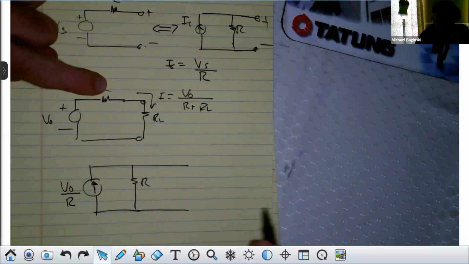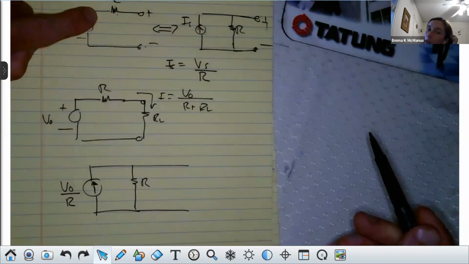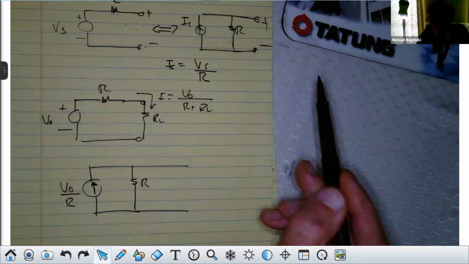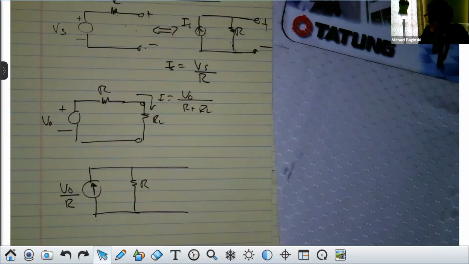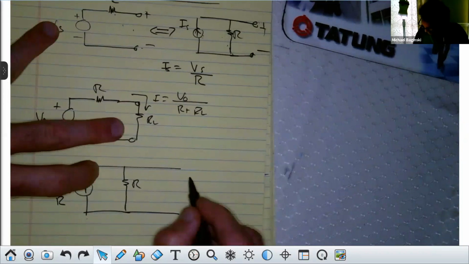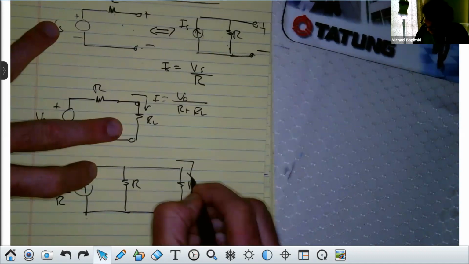It went from there to there, correct? Why put it in parallel? You see the transform right here? It goes in parallel. Now watch. Now I'm going to put the load RL on it, and we want this current. You all follow me in that, class?